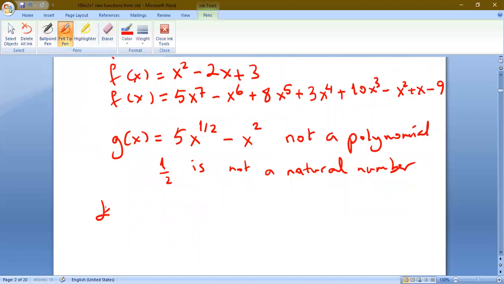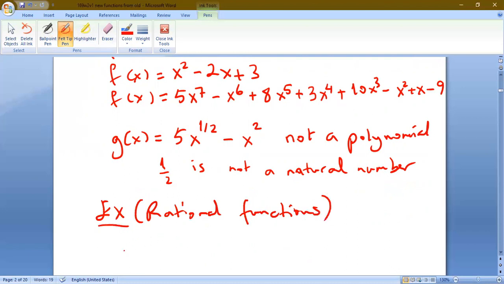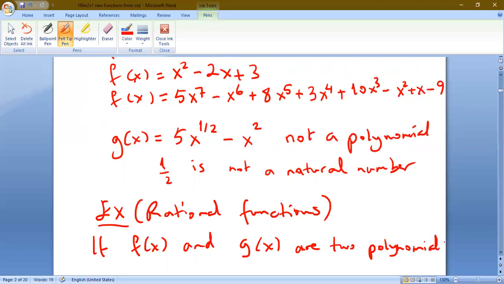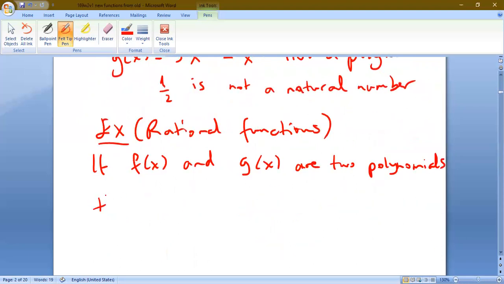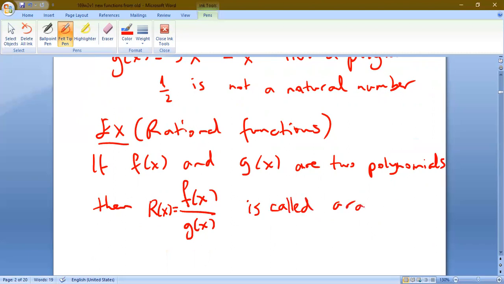Another example is rational functions. So rational functions are like if f of x and g of x are two polynomials, then their quotient, let's call this r of x to remind us that this is going to be a rational function, is called a rational function.